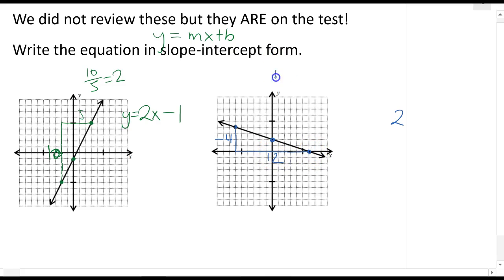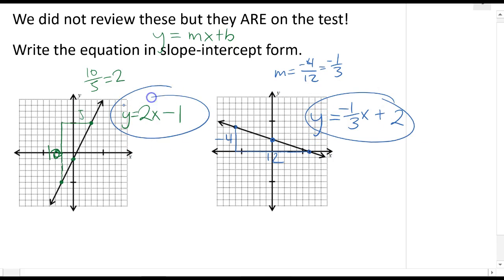So my slope would be equal to negative 4 over 12, which simplifies to negative 1/3. So then negative 1/3 is my slope. My y-intercept is positive 2, and I put y equals, and there are my two equations.